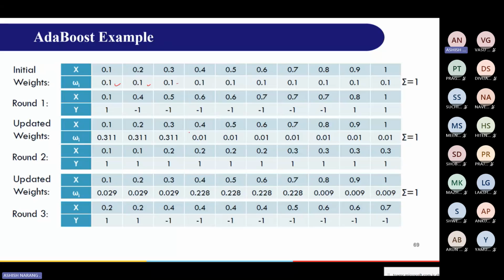In round 1, the weights are equal and each has an equal probability of being chosen. So 0.1 is chosen first, 0.4, then 0.6, 0.6, 0.6, 0.7, 0.7, 0.7, 0.8. So we have y as 1 here, 1 here, 1 here, so obviously this kind of boundary will be chosen.